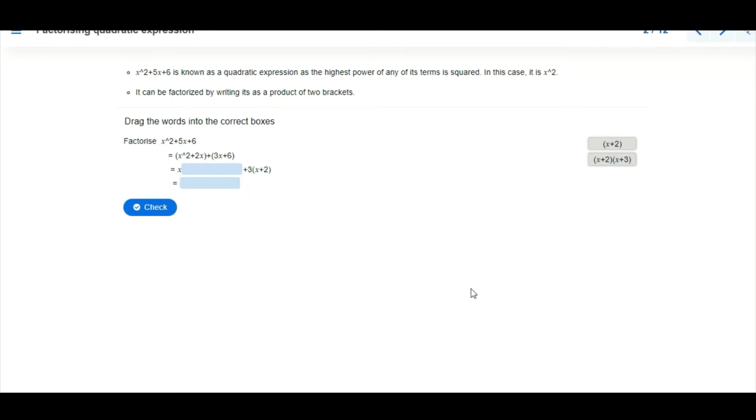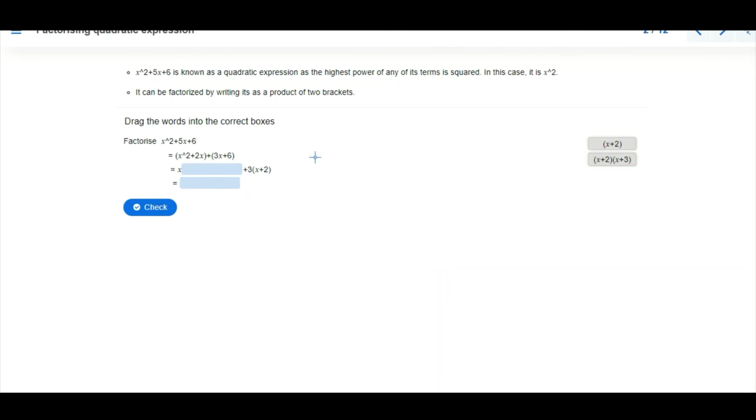What values are those? I think that should be plus 2 and plus 3, because 2 and 3 added together give 5, and 2 times 3 gives us 6. So that is the value. With that, we can go ahead and solve the question.